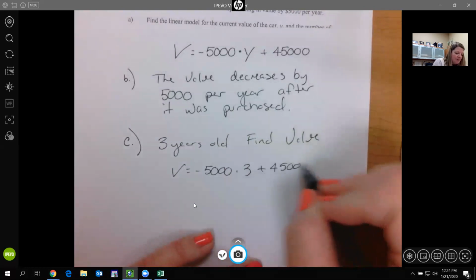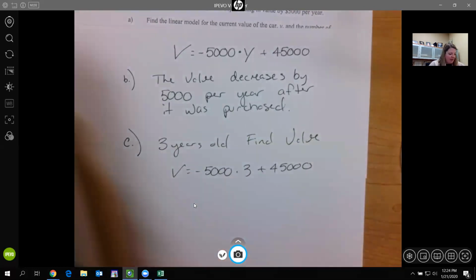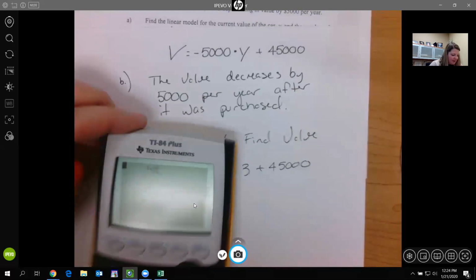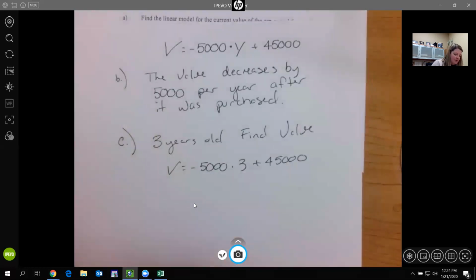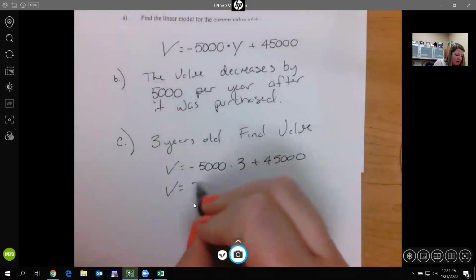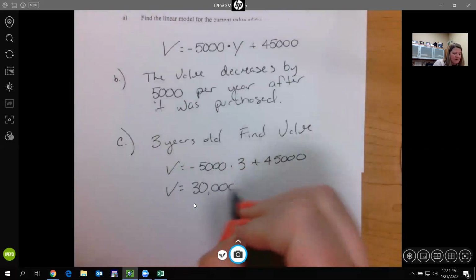So I'm going to be sneaky and get out my calculator here, and plug in negative 5,000 times 3 plus 45,000. And I'll get 30,000. So the value of my car now is 30,000.